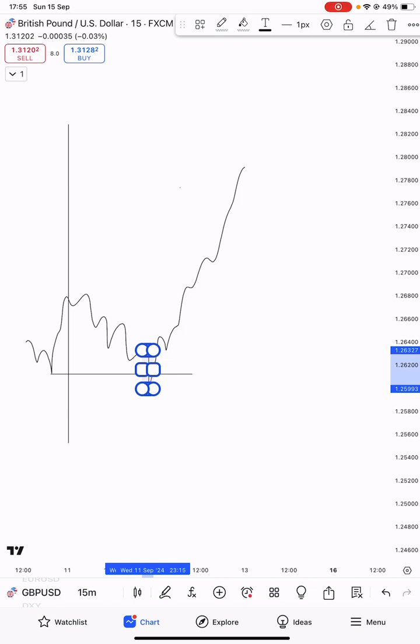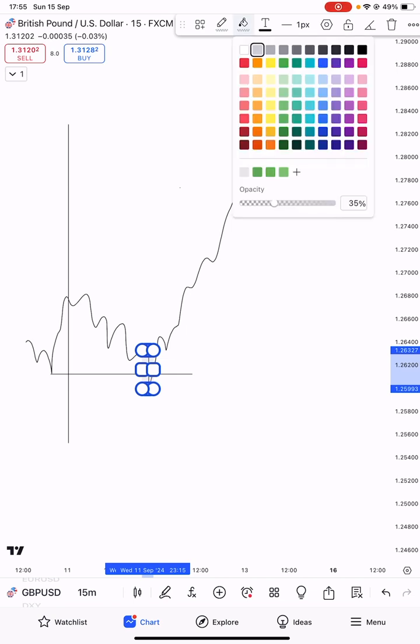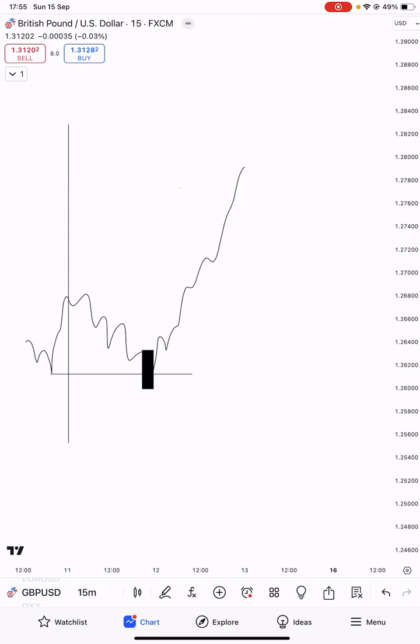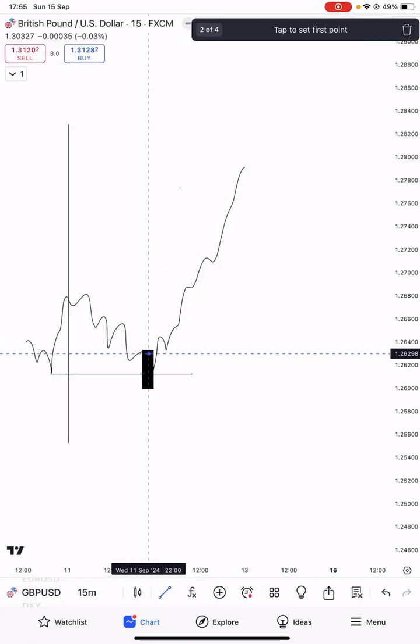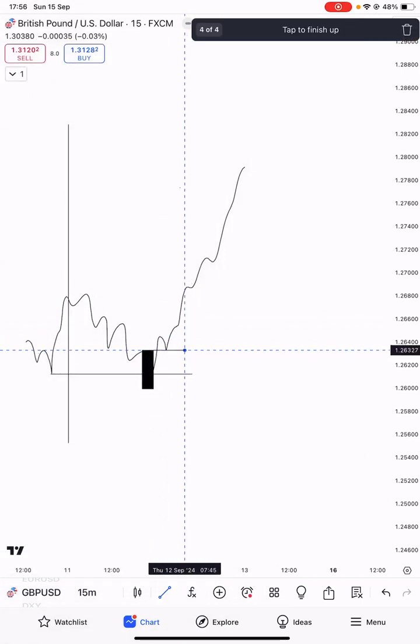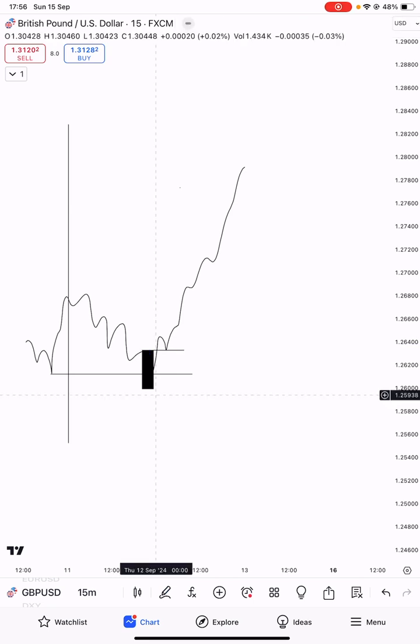On the time frame you are changing the candle, so monthly, 4-hour. On the 4-hour time frame, you are waiting for that specific candle that stabbed into the low to be closed above, and that becomes your model 1.